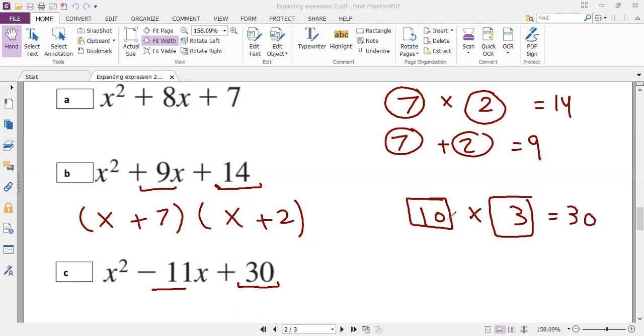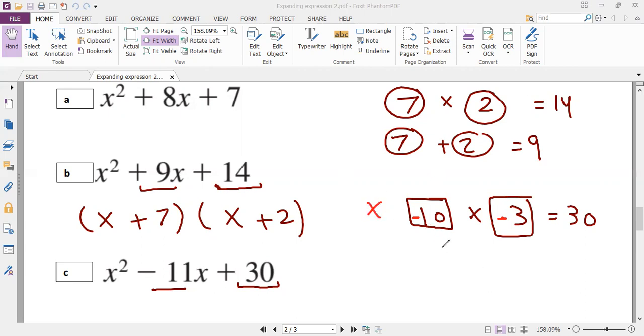But when adding them, 10 plus 3 is 13. So it's a false trial. Try again. If we write negative 10 and negative 3, and multiply negative times negative is positive, and 10 times 3, 30. Yes, that's right. And when adding them, you will end up with negative 13. So it's a false trial.